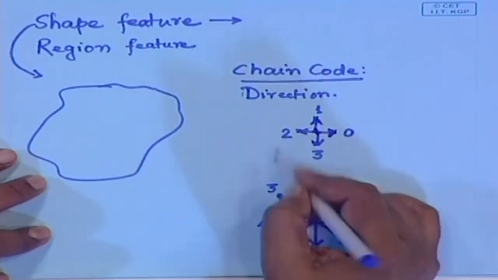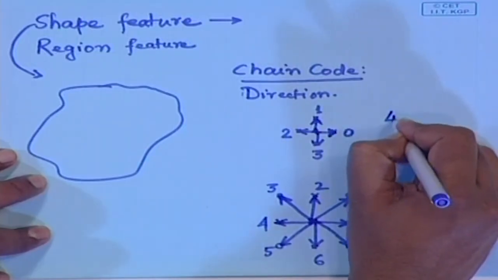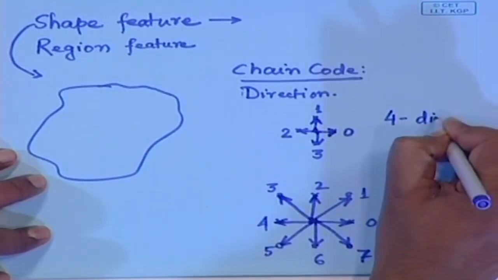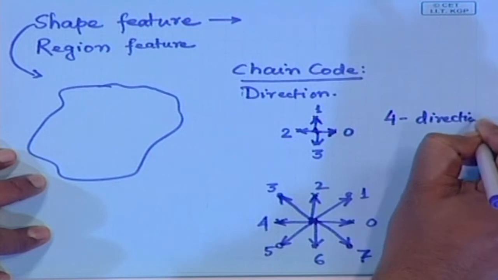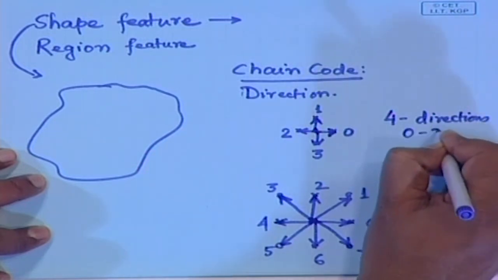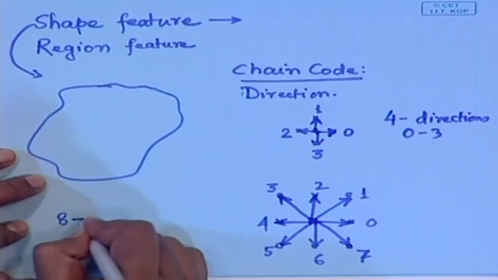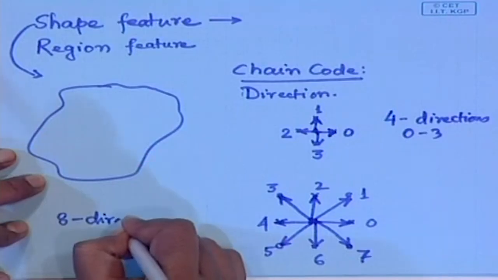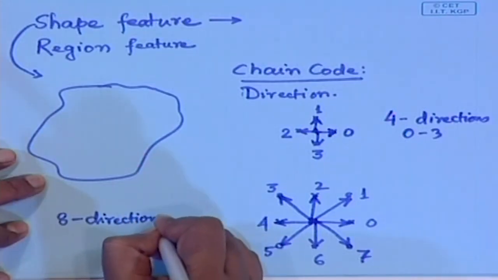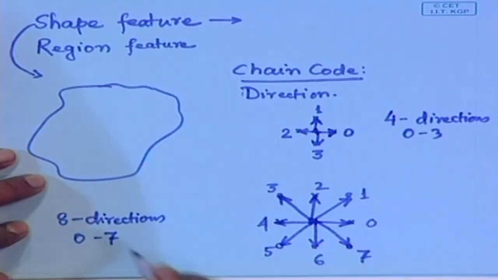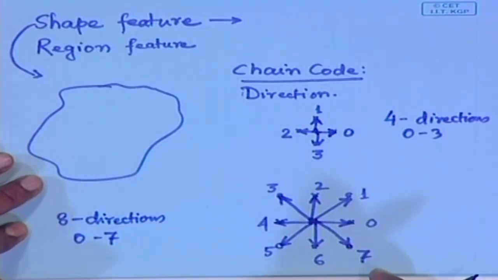Okay. So following 4 connectivity, I have 4 directions, 0 to 3. In case of 8 connectivity, I have 8 directions, 0 to 7. Is that okay?